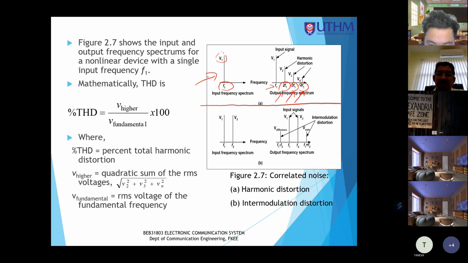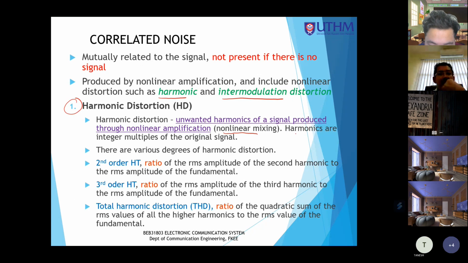And we're going to see about this. Okay, so you see the second order harmonic distortion. Please correct your notes, this is supposed to be HD. Second order harmonic distortion is the ratio of the RMS amplitude of the second harmonic to the RMS amplitude of the fundamental. So that means second order HD is equal to V2 divided by V1.